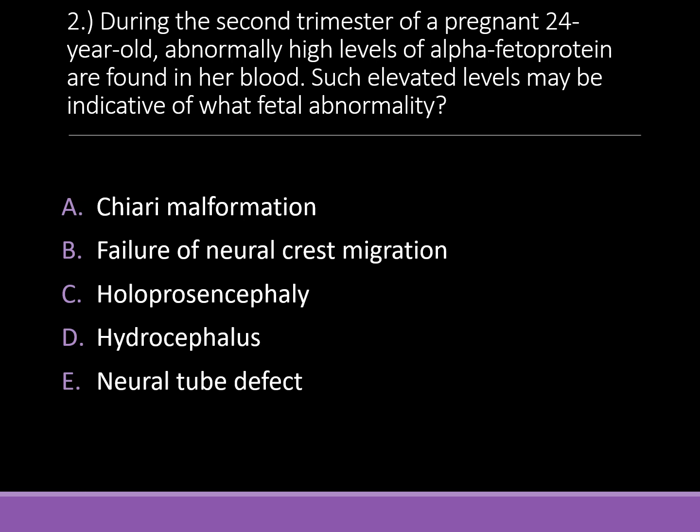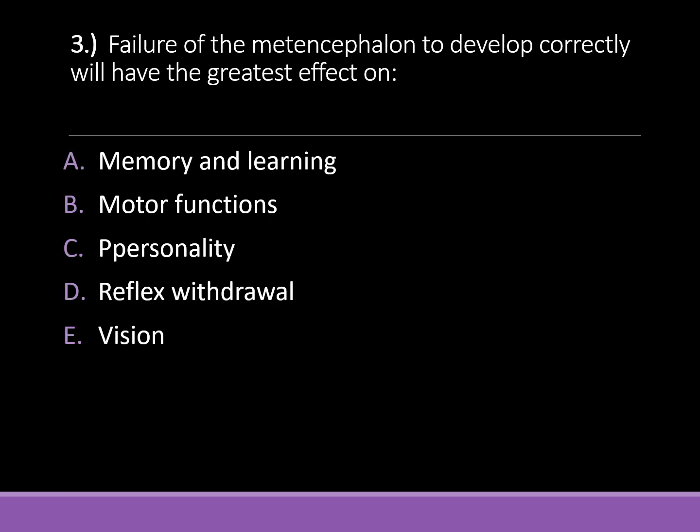Number 2, during the second trimester of a pregnant 24-year-old, abnormally high levels of alpha-fetoprotein are found in her blood. Such elevated levels may be indicative of what fetal abnormality? Again, look up those words, define them, and you will find your answer.